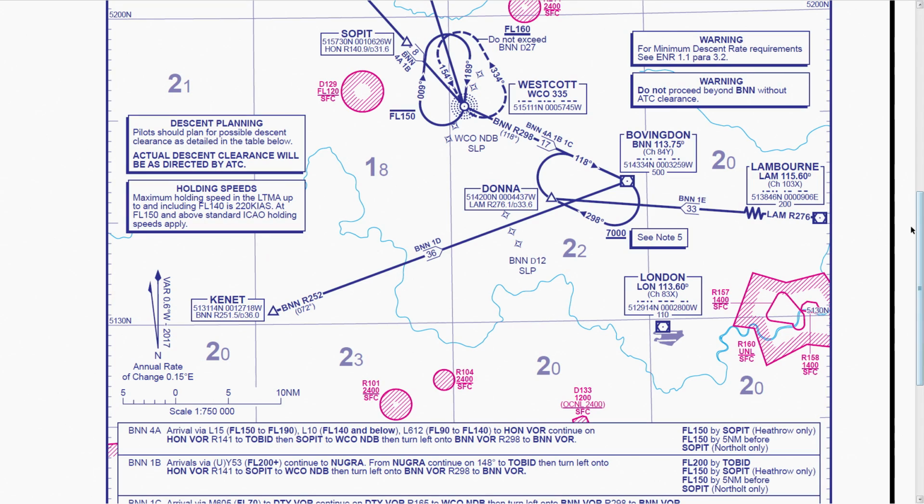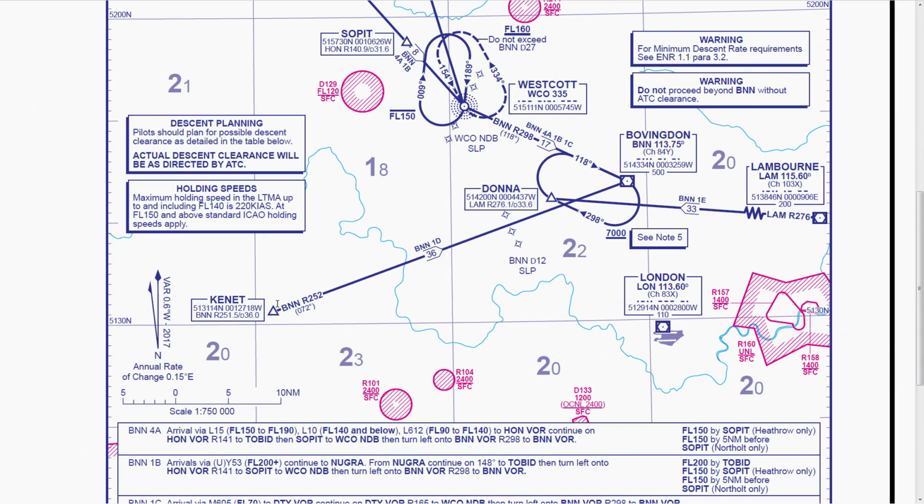However, if all of them are busy due to the amount of aircraft coming into London, then they will route aircraft and pilots along the Bovingdon 1 Delta and 1 Echo to get them into this hold here at Bovingdon. That's all it's for, and then they will do a Bovingdon approach.